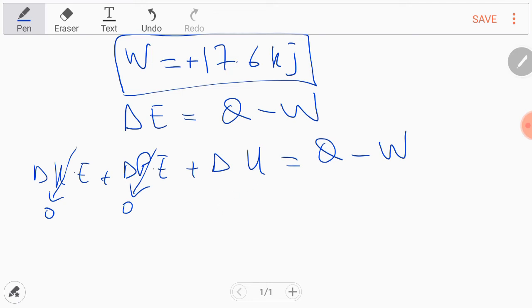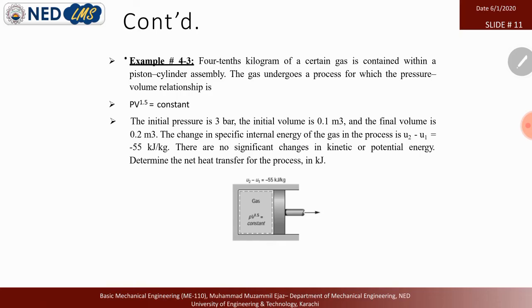But let's see, have they given us capital U or small u? In the numerical, they have given us a small u2 minus u1, and the unit is not kilojoules, it is kilojoules per kg. So it means that it is a specific internal energy. What is a specific internal energy?